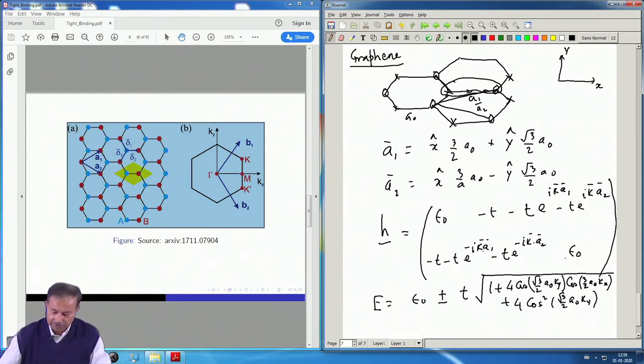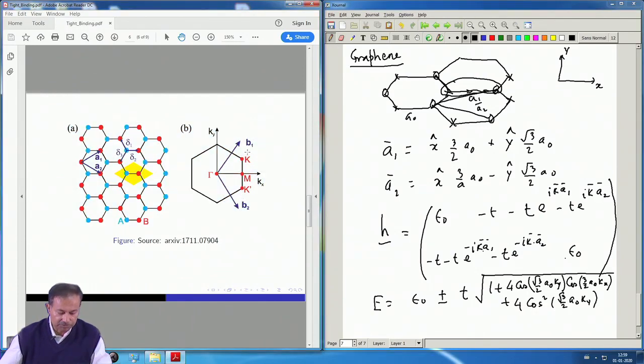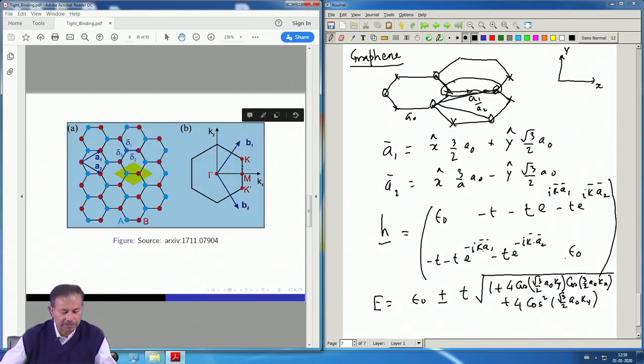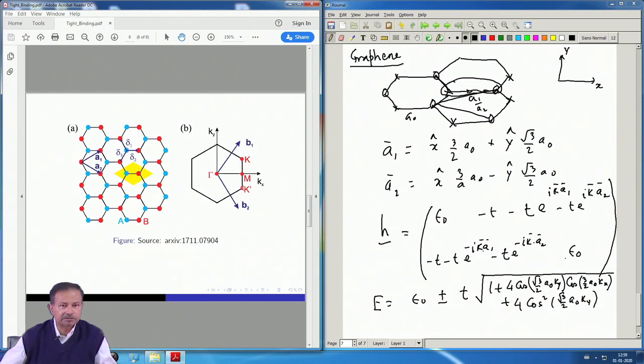And so what one now does is that one goes to these points in the Brillouin zone. I leave it for you to check, and it is all available everywhere, but I would urge you to do it for yourself. Go to these points k and k prime, find their coordinates in the first Brillouin zone, and put those kx and ky values here.